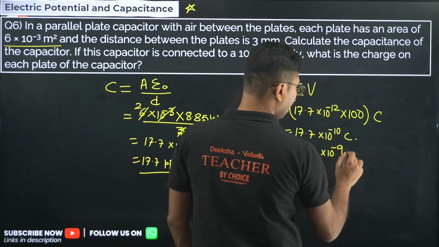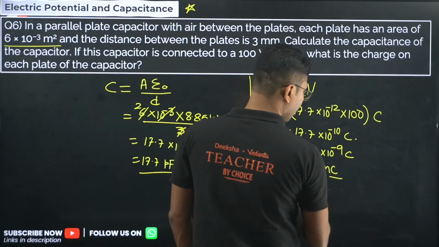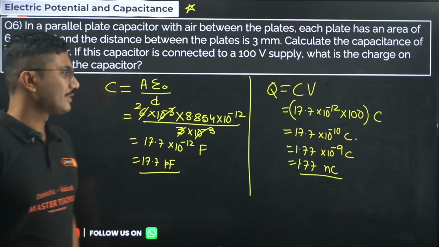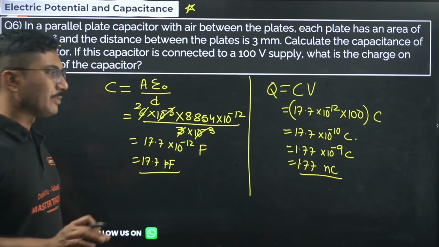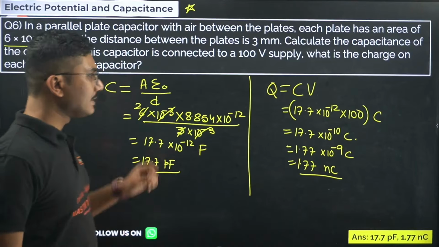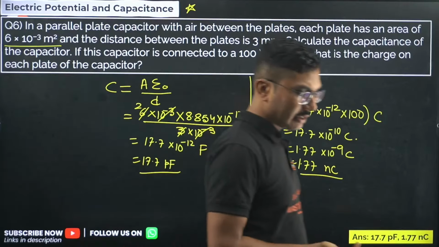This is optional, you don't need to do that, but you can. It is not forbidden. You can leave your answer here as well, but make sure units are proper. So the correct answer is 17.7 picofarad and 1.77 nano coulomb.